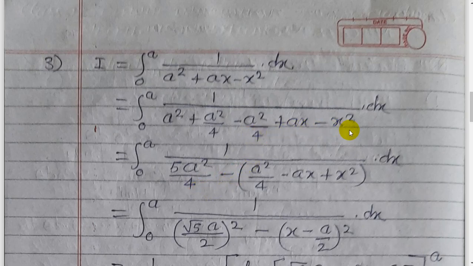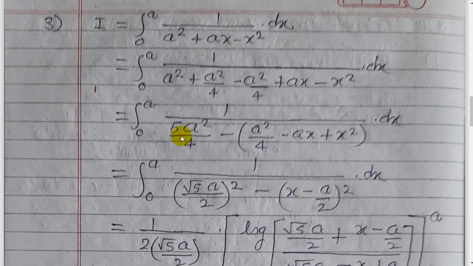The minus sign comes out from these three terms, we get a square by 4 minus ax plus x square into dx, because x square minus ax plus a square by 4 is the perfect square of (x minus a by 2) whole square, and (root 5a upon 2) whole square here. So the whole square of this term is 5a square upon 4. So I can be written as integral 0 to a 1 upon (root 5a upon 2) whole square minus (x minus a by 2) whole square into dx.